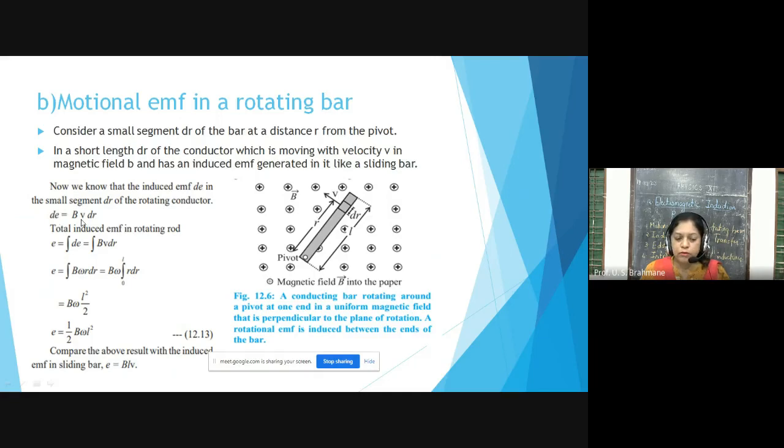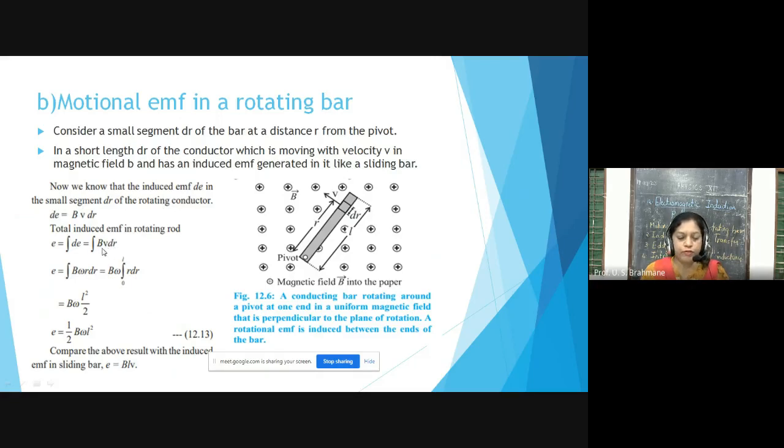So here for the small element, the small length is dr. Instead of L we are taking dr. So dE is equal to BV dr. Now this is for the small element. Now we want to find the total induced EMF in the rotating rod. So for the total rod, we have the summation of all the dr, or you can say the integration. So E is equal to the integral of dE, which is equal to the integral of BV dr.